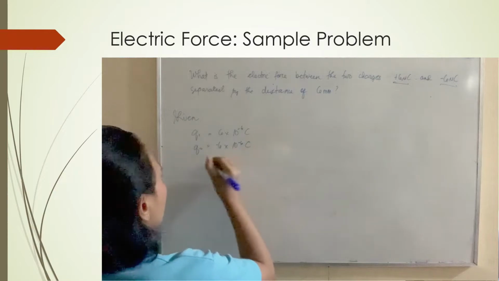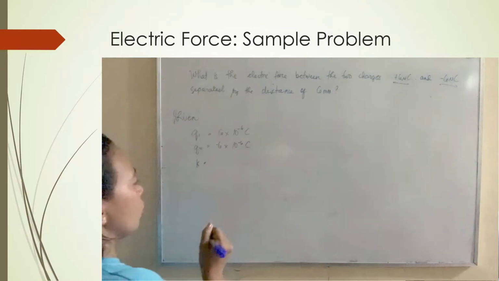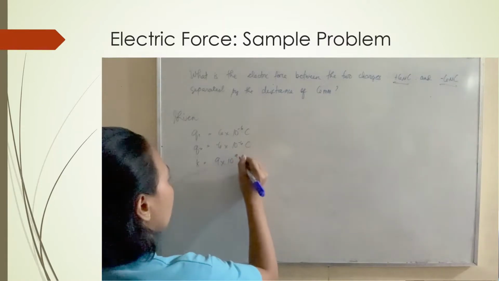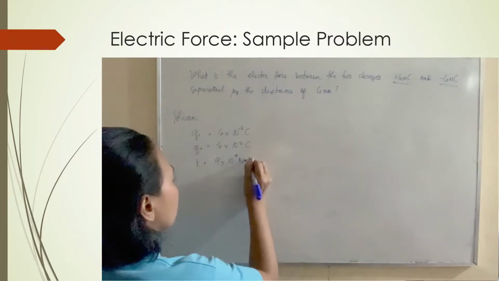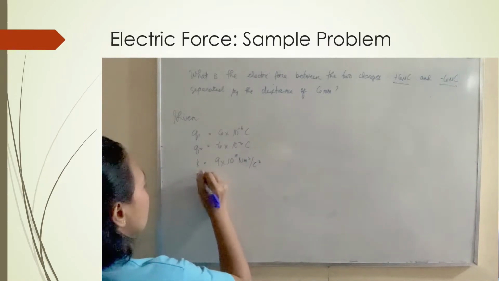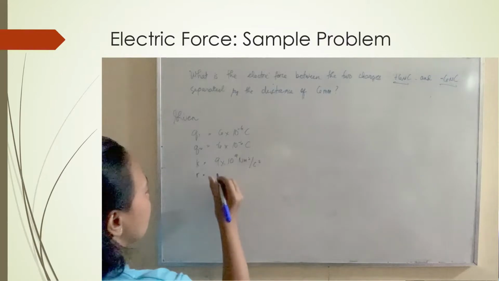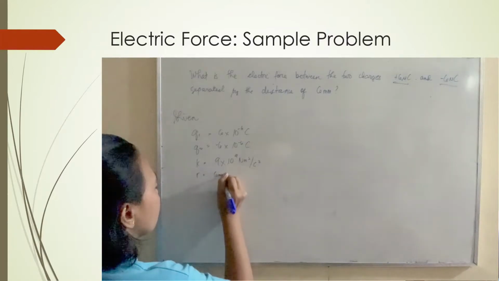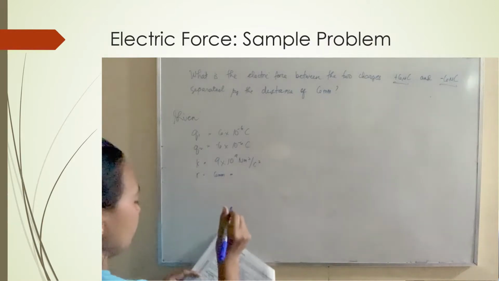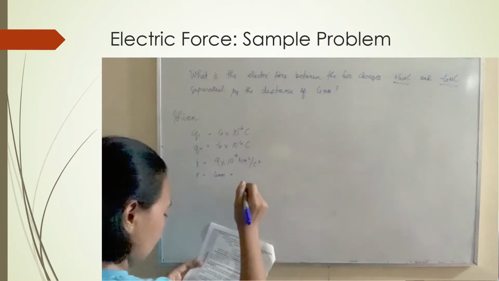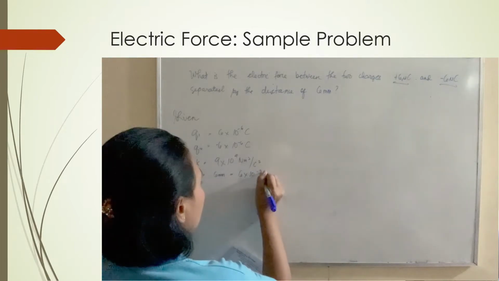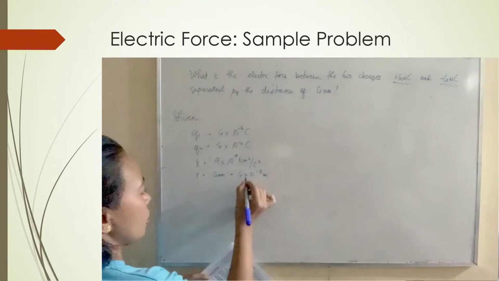Then your K constant, Coulomb's constant, is 9 times 10 raised to 9 Newton meter square per coulomb square. Your distance of separation is 6 millimeters, so you have to convert this to meters, and that is 6 times 10 to the negative 3 meters.